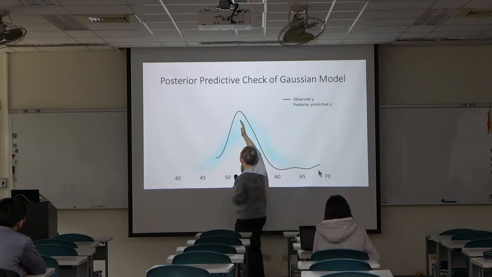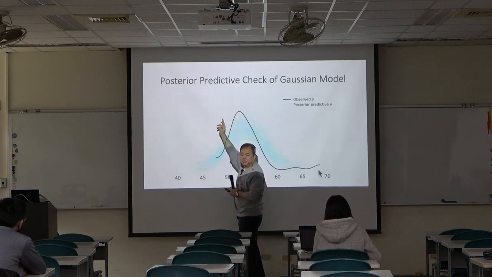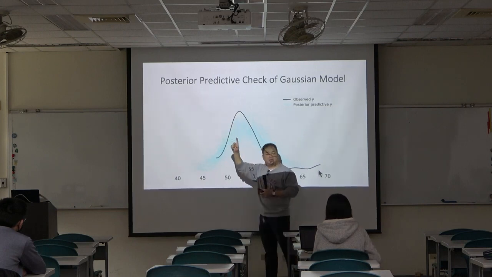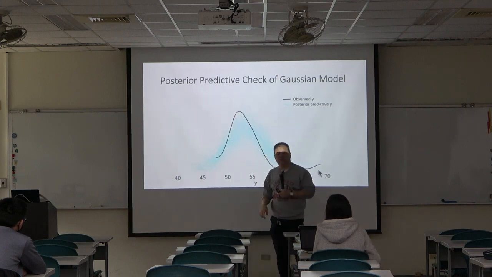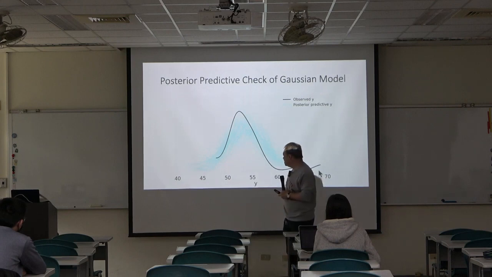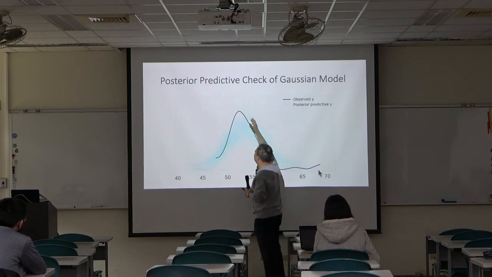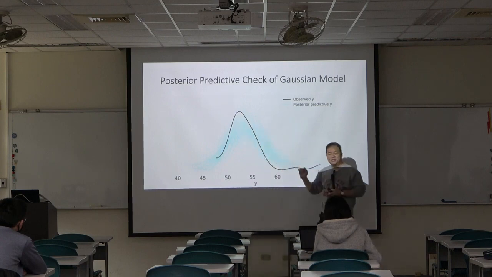The mode of the real data is here, the highest point is here. But if you look at the lines generated by the samples, it seems that the average or mode moves a little bit to the right, right?